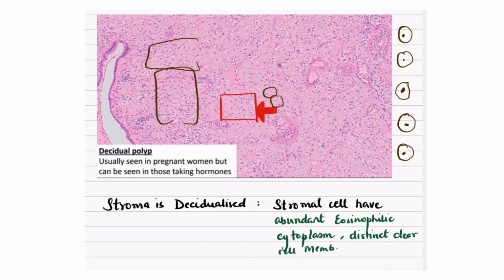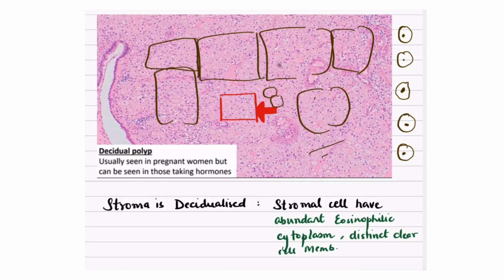These clusters, all these are decidual stroma. Okay, take the history of pregnant women, take the history of exogenous hormone if any, and you will see this. And once you see it, and the structure you received was a little polypoid in nature, then you can definitely suggest decidual polyp as one.